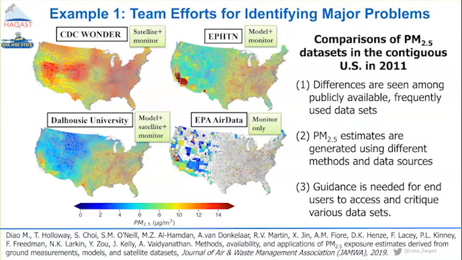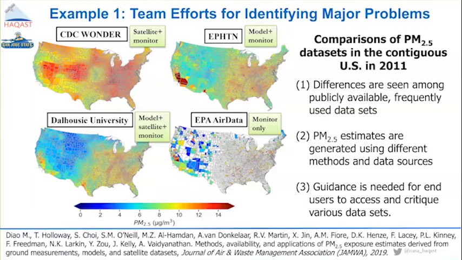But in just this one example of 1 year, we can already see that depending on which dataset the end user downloads, you could have totally different public health assessment results just because the input PM2.5 data are different. Another lesson that we learned from this team effort is that guidance is definitely needed for end users to access and critique various datasets.